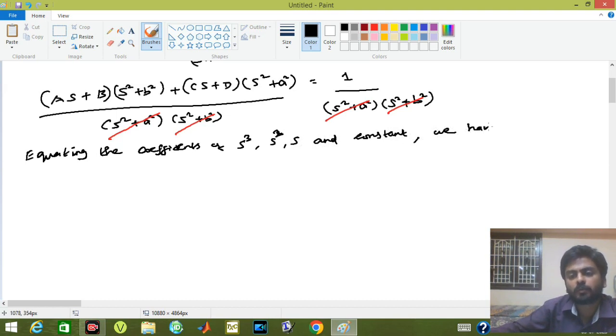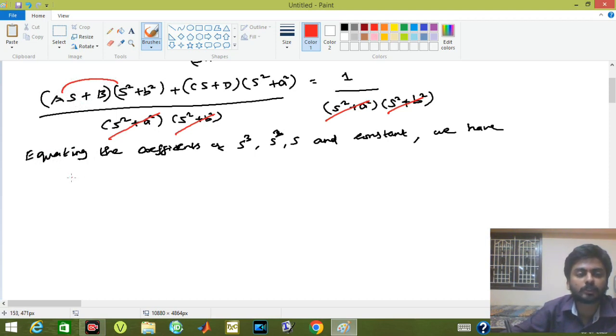On multiplying as with s square, you will have s cube, am I right?